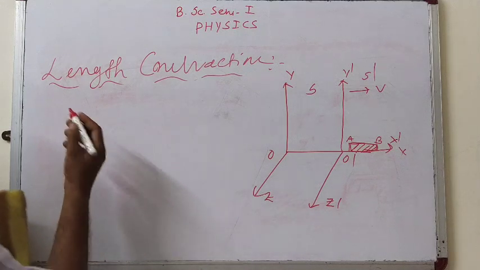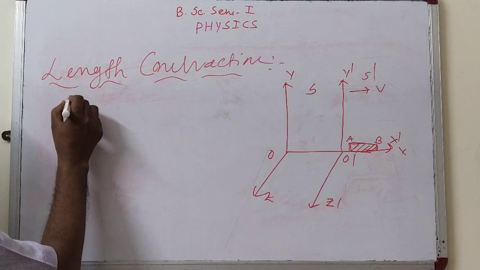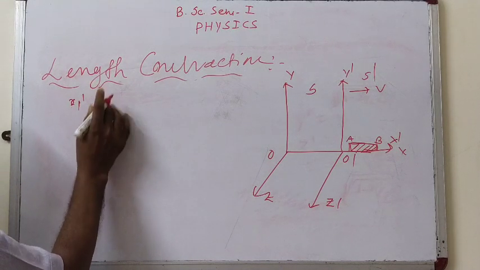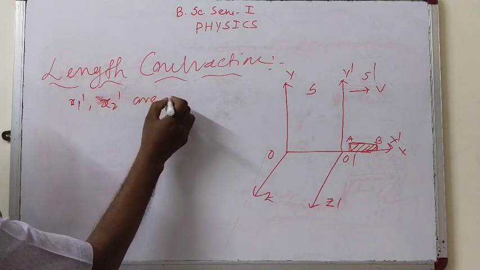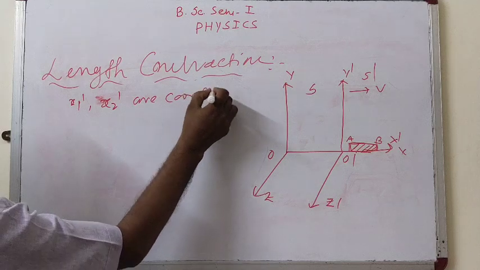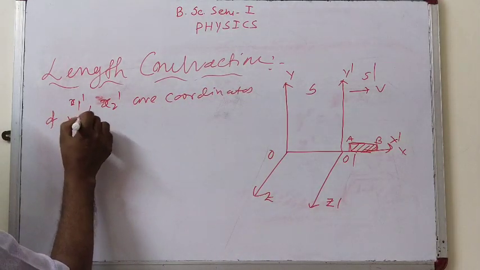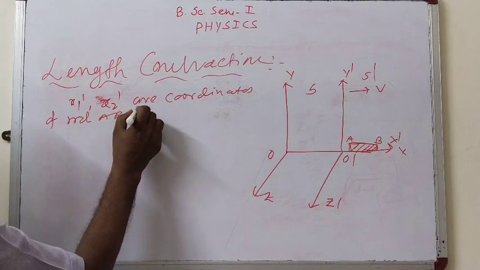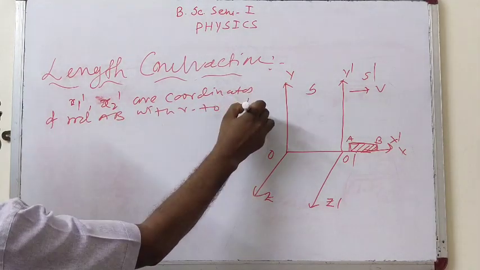Then at points A and B, x1 dash and x2 dash are noted as coordinates of rod AB with respect to observer O dash.